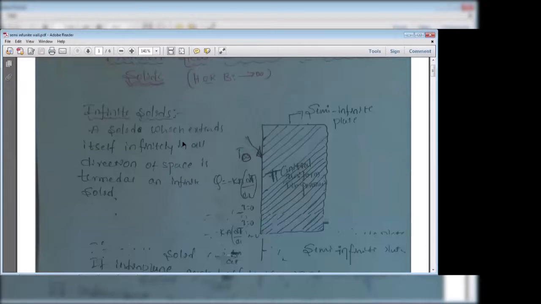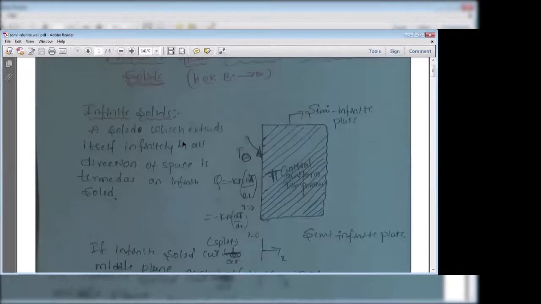A solid which extends itself infinitely in all directions of space is termed an infinite solid. That is, a solid which extends its thickness in the x, y, and z directions, in all directions of space.